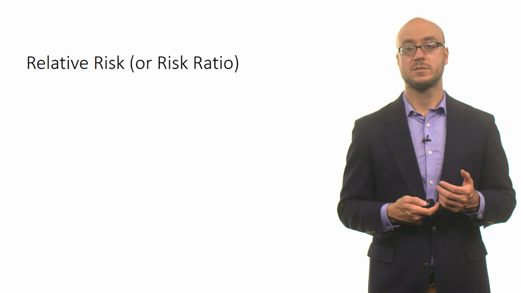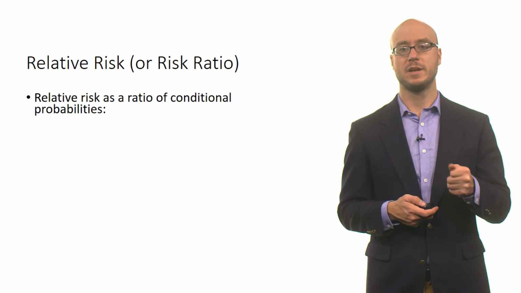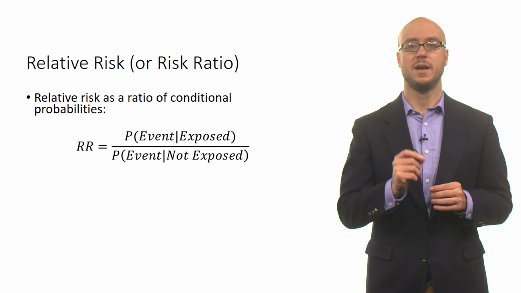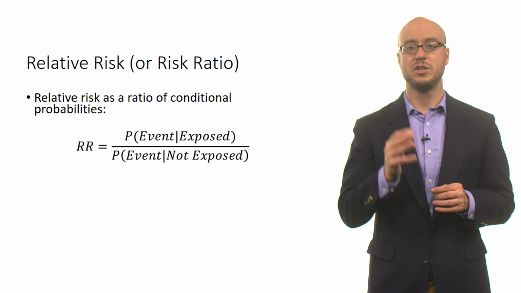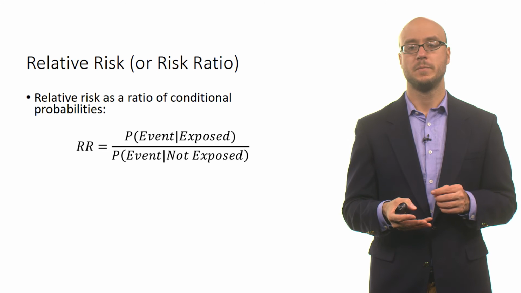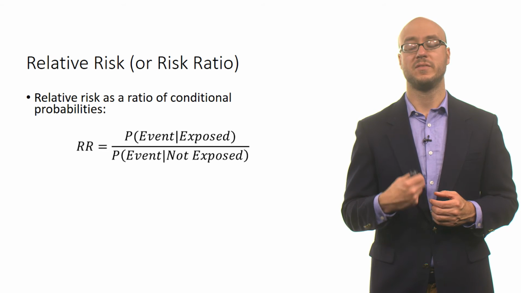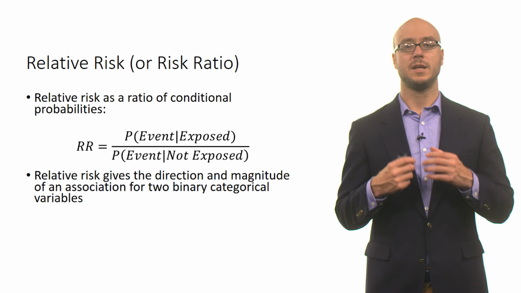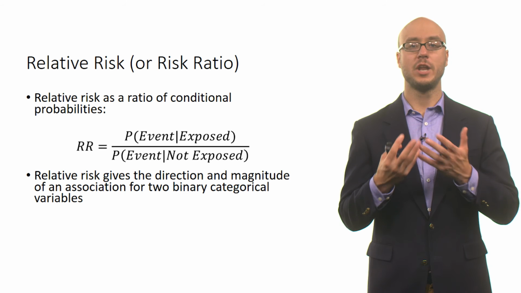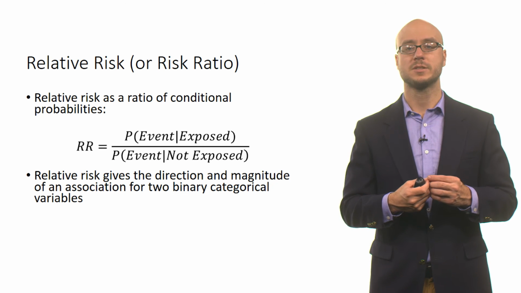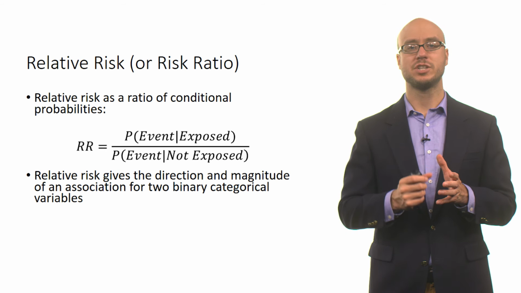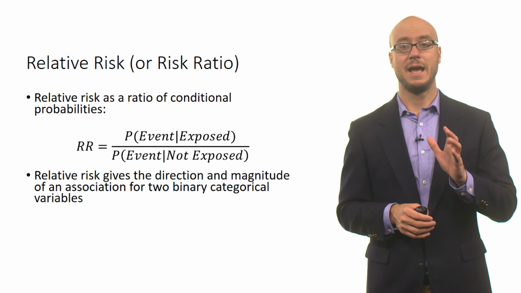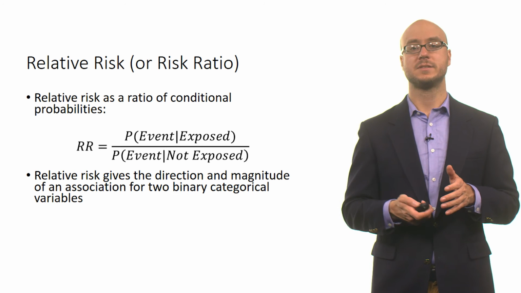The relative risk, or sometimes called the risk ratio, is simply a ratio of conditional probabilities. Relative risk is the probability of an event occurring given you've been exposed to some event, B, divided by the probability of the event given you're not exposed to that particular event B. One useful aspect of the relative risk is it tells us the direction and magnitude of an association when we have two binary categorical variables, an outcome, some event, and some exposure.